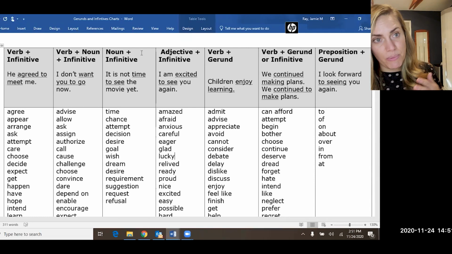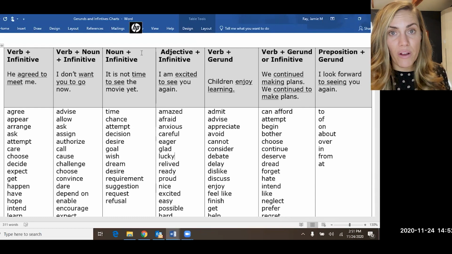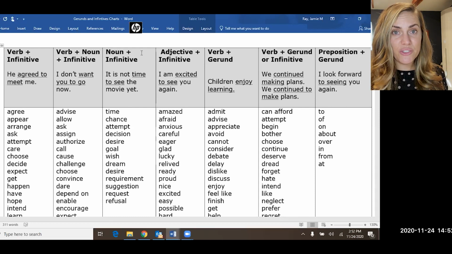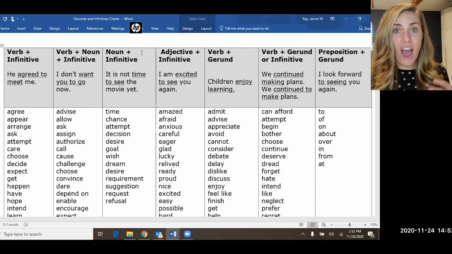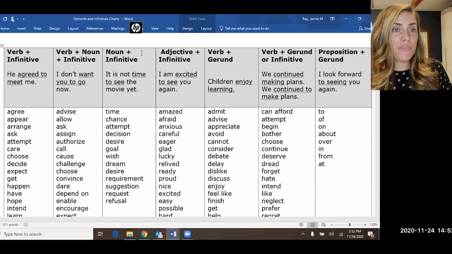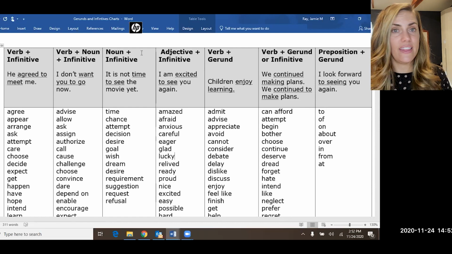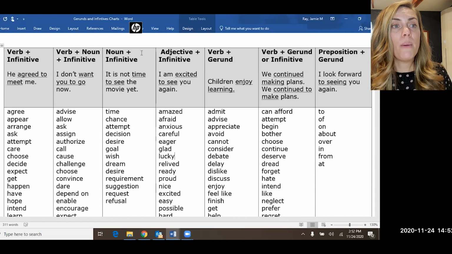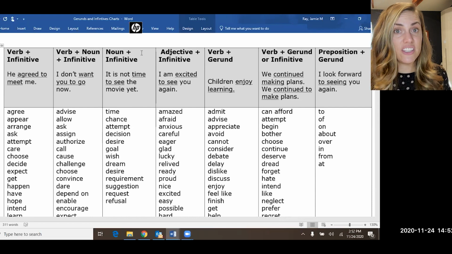So in the next part of this list, I'm focusing on gerunds. So when do we use a gerund in the object position? We can use it after verbs, but you can't use gerunds after all verbs. I can't say, I want studying. I cannot say that. I want to study. You need an infinitive. But I can say, I admit studying is hard.